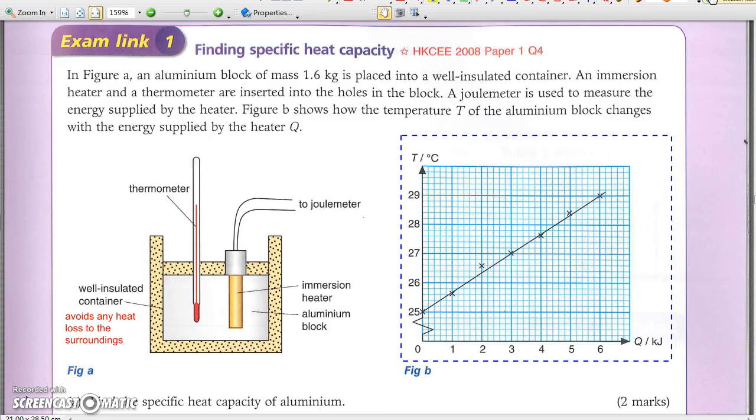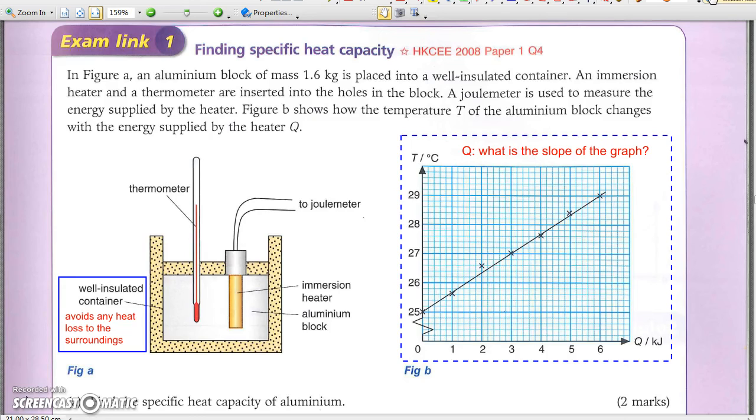Exam link 1. Finding specific heat capacity. Instead of calculating the specific heat capacity from a single measurement, we may measure the temperature rise when different amounts of energy are supplied. The graph has a slope of delta T over delta Q, and hence the slope equals 1 over mc.